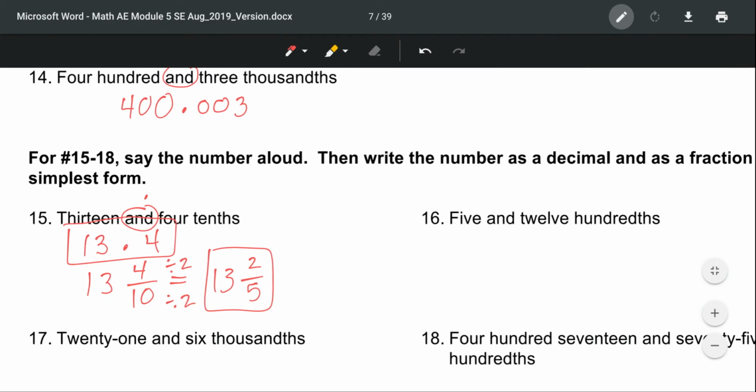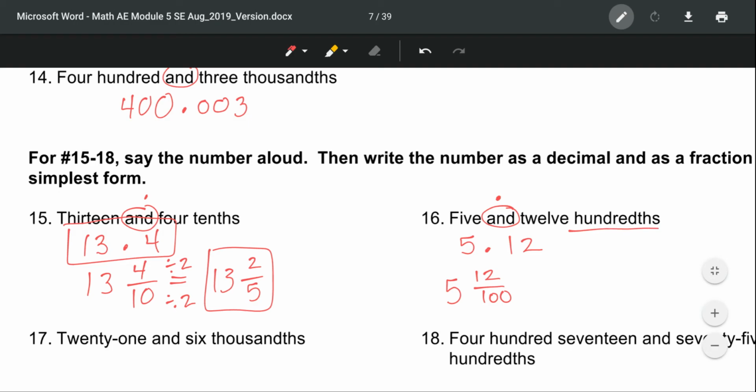Okay, number 16, 5 and 12 hundredths. So it'd be 5, and means your decimal point, 12 hundredths. So you should end in the hundredths place. And then to write that as a fraction, it'd be 5 and 12 out of 100.